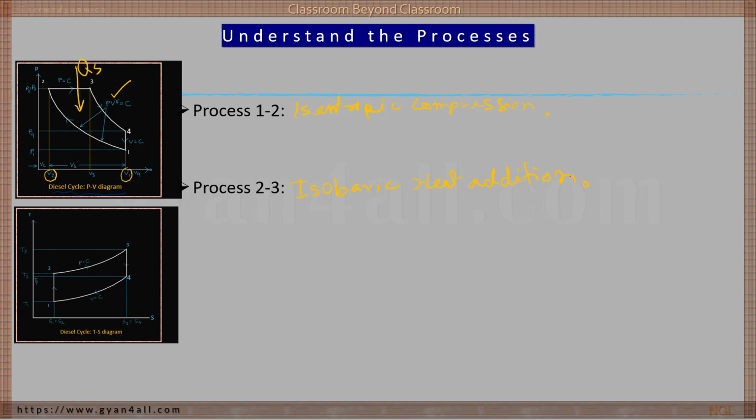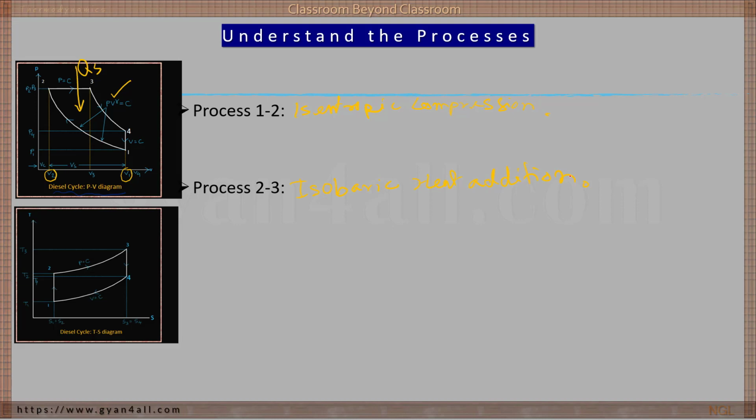During process 2-3 the volume increases but the pressure remains constant, because during this time heat is added to the system.